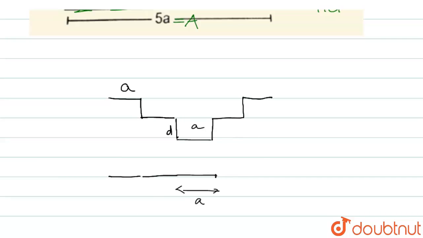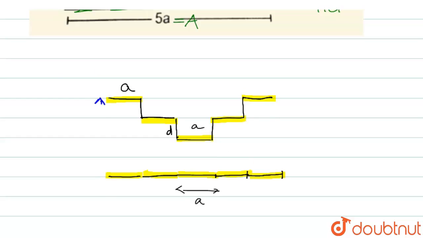So we can see these are the 5 parts in the flat plate, so we are getting a total of 5 capacitors. This is one capacitor, this is another capacitor, this one is the third capacitor, this is the fourth capacitor, and this one is the fifth capacitor. So suppose we give them proper names.